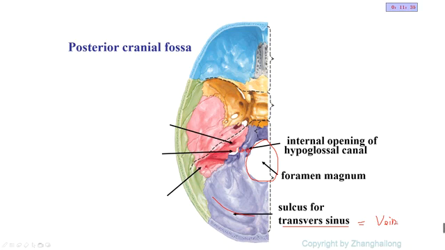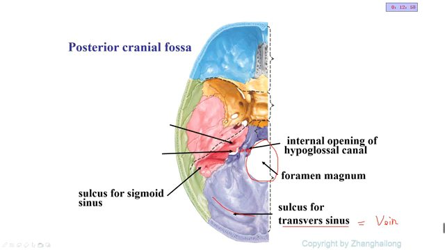It's formed by the meninges. In future, I'll introduce it. And in these sinuses, there is venous blood flowing. And this vein walks along the sulcus, so this sulcus is the sulcus for the transverse sinus. You should know the sinus is one kind of vein.